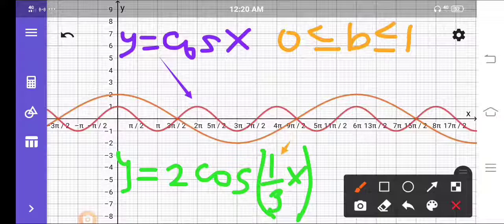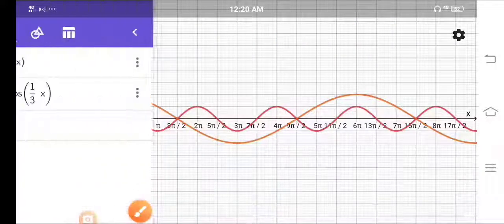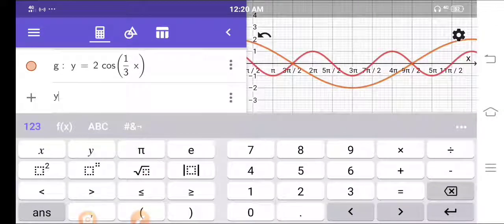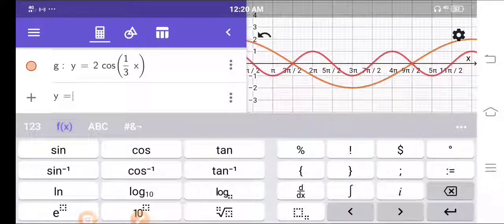Let's have another example. Let's say we have y is equal to cosine 2x.